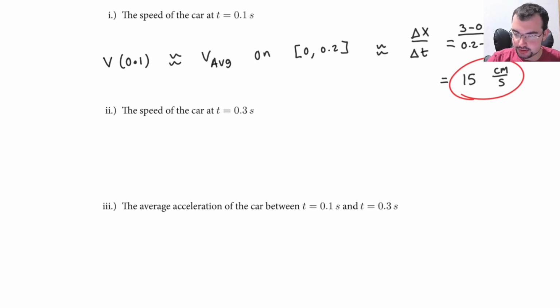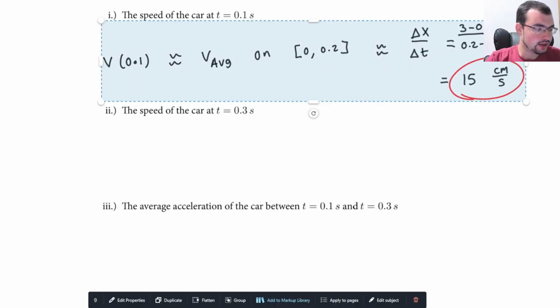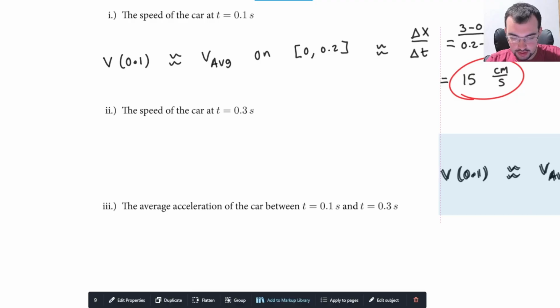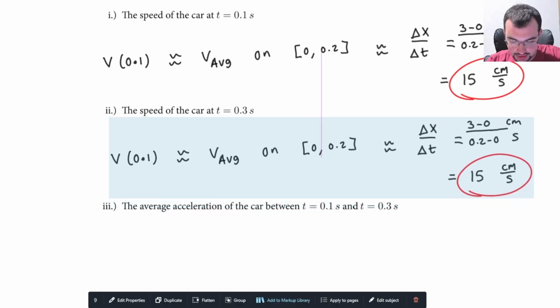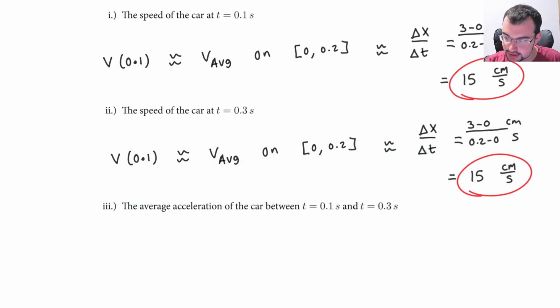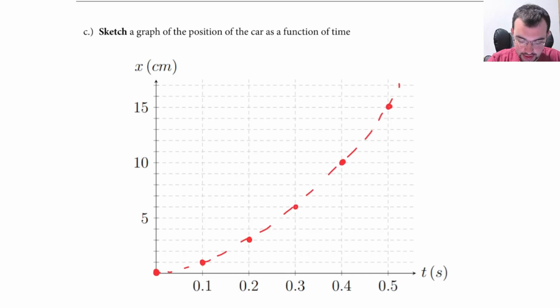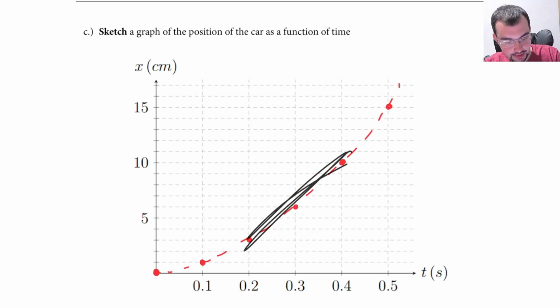Now I'm just going to do some copy pasting and do the same idea for t equals 0.3 seconds, except I'm just going to make some changes. So 0.3 is probably a good estimate of whatever is happening between 0.2 and 0.4, right?